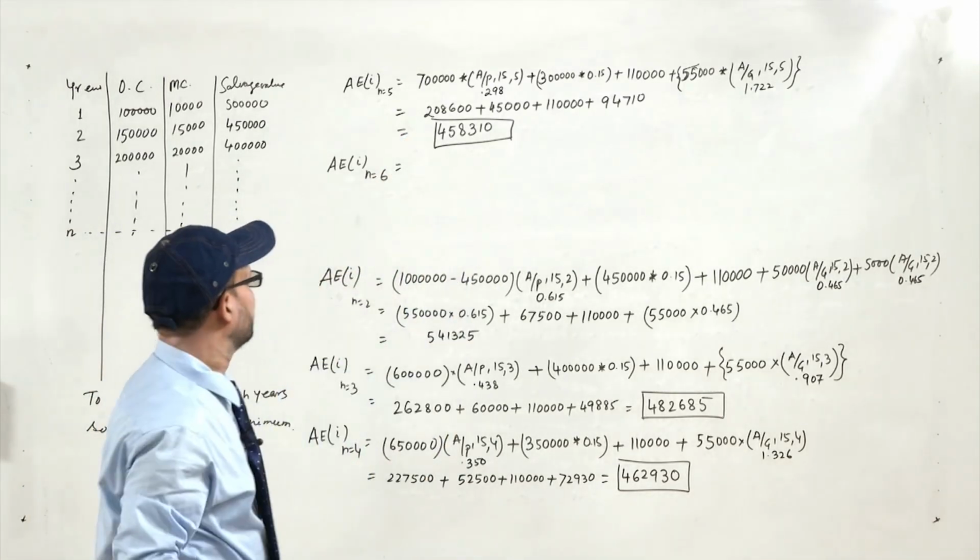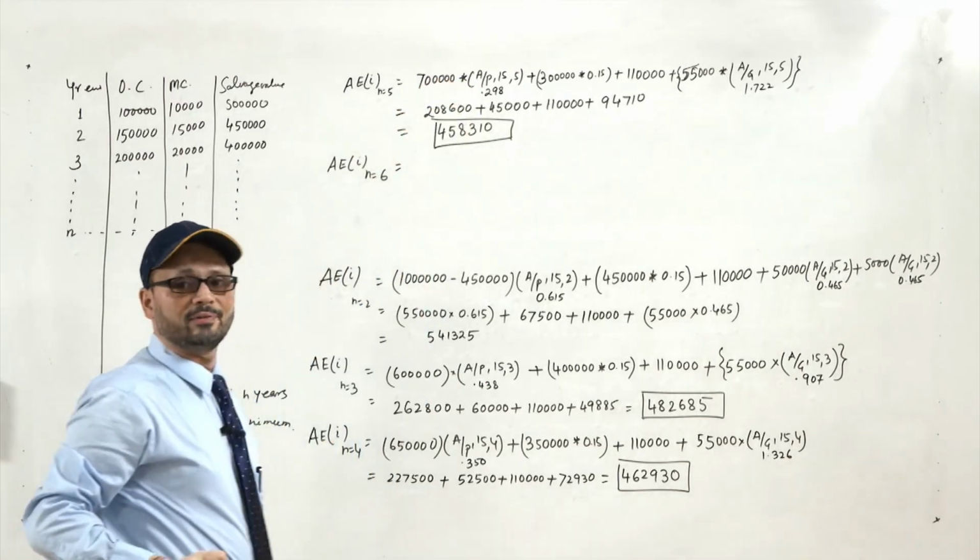In n equal to 6 years, this amount will further increase by 50,000.